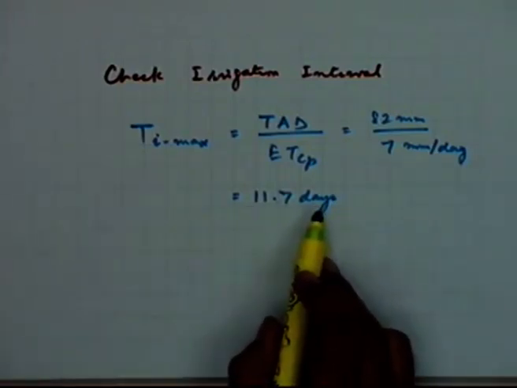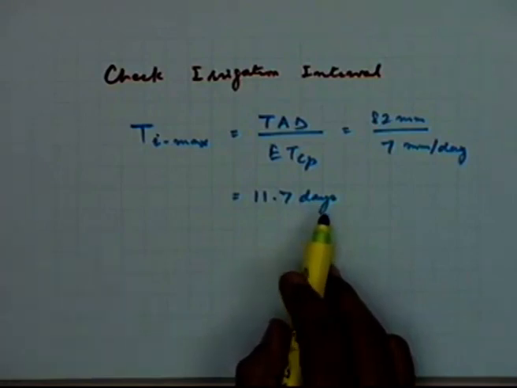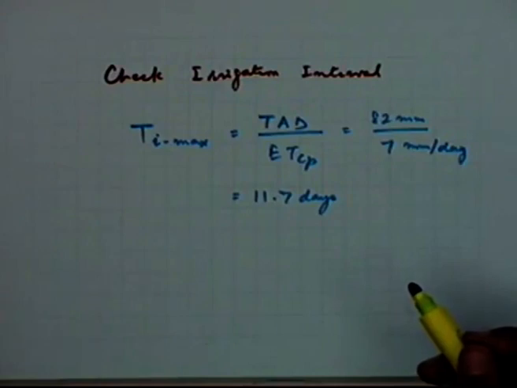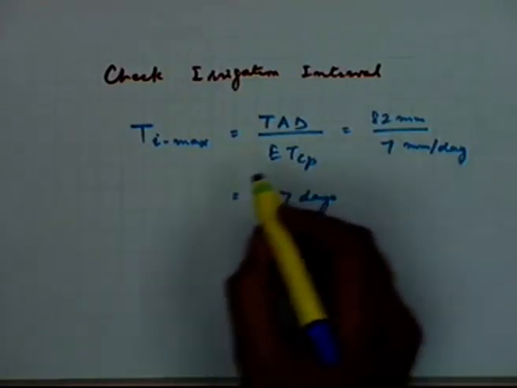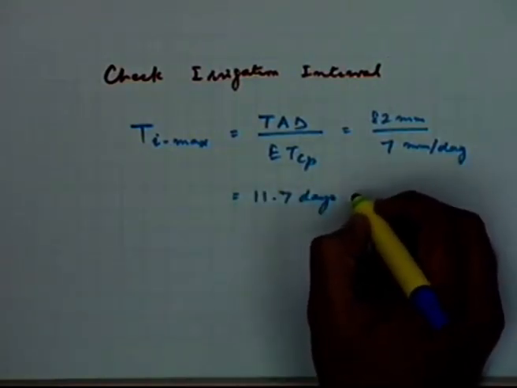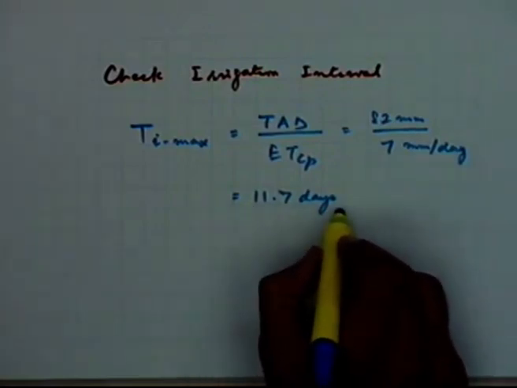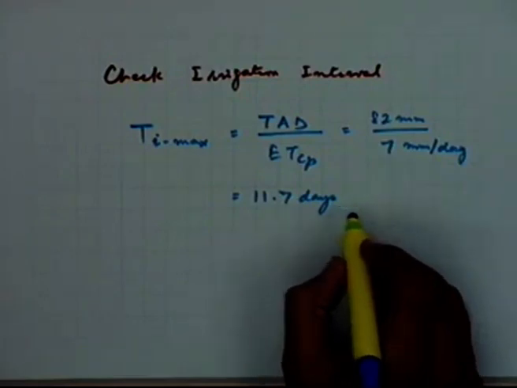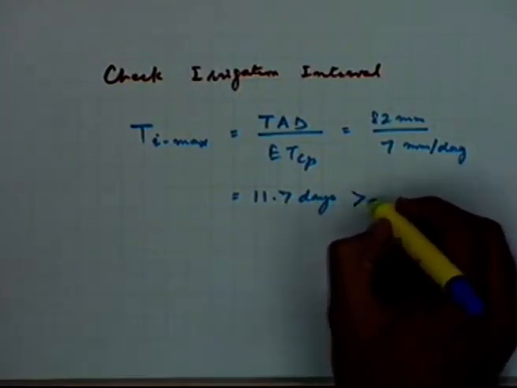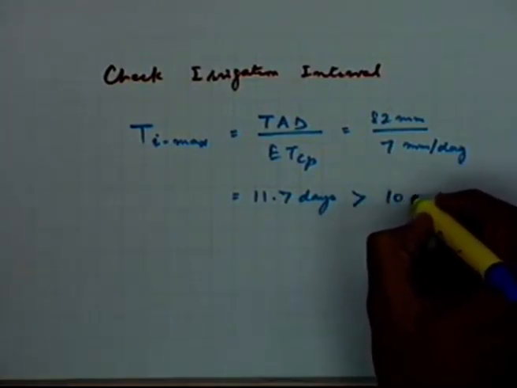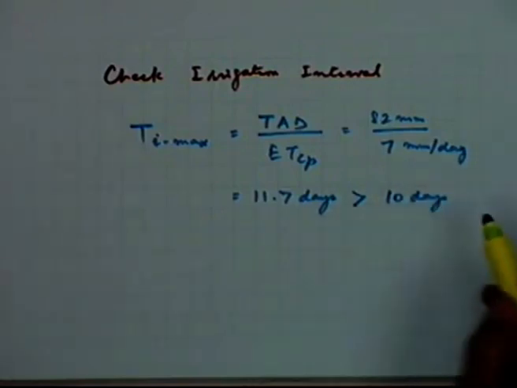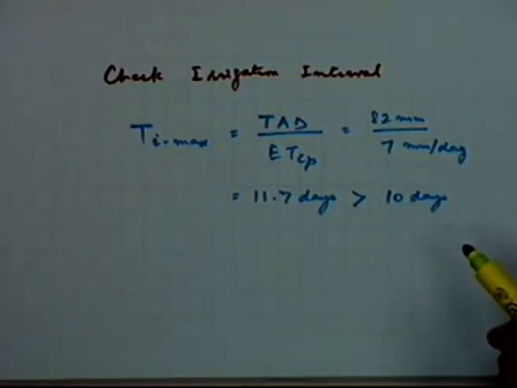So the maximum period which can be made available for performing your irrigation operation can be 11.7 days, and this is more than the 10 days operation schedule which is the desirable limit which has been put.